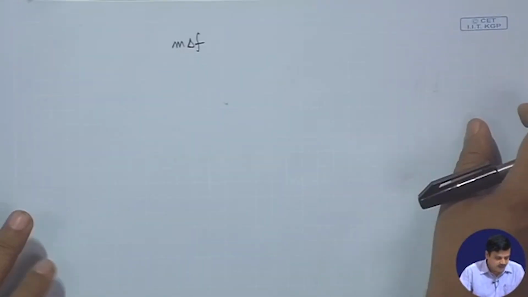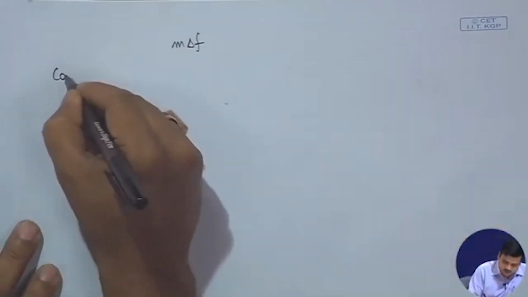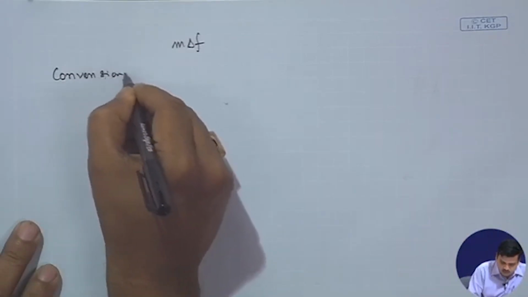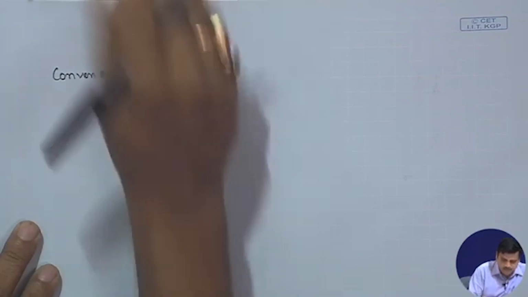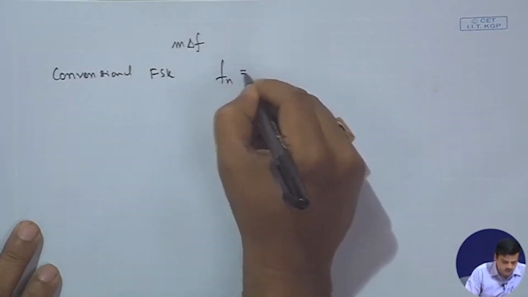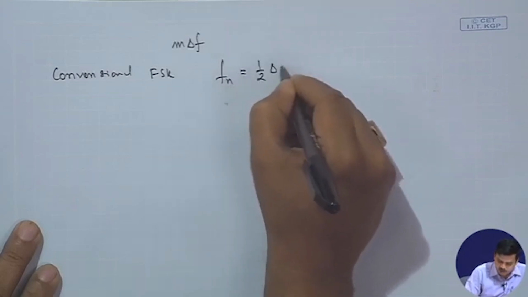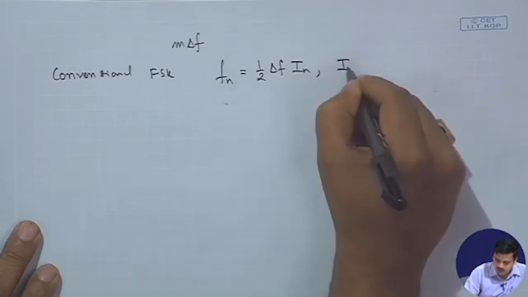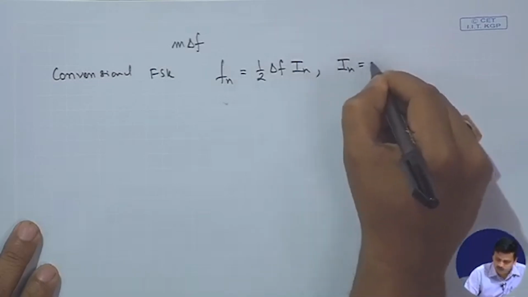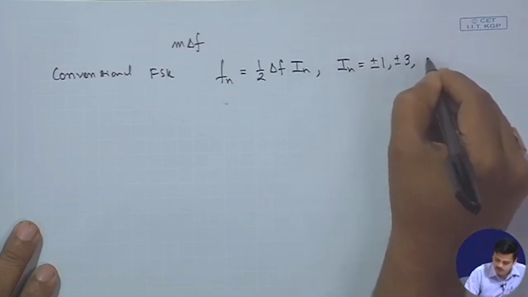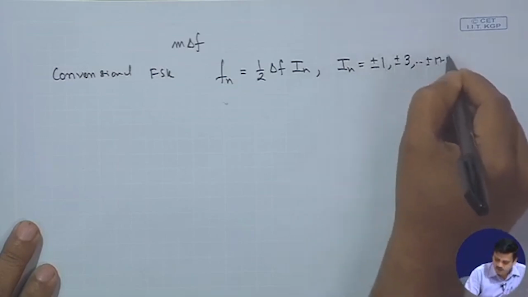In the conventional FSK, we have f_n, the nth frequency, equal to 1/2 delta f I_n, where I_n is the modulating signal, at plus minus 1 or plus minus 3 up to plus minus (M minus 1).